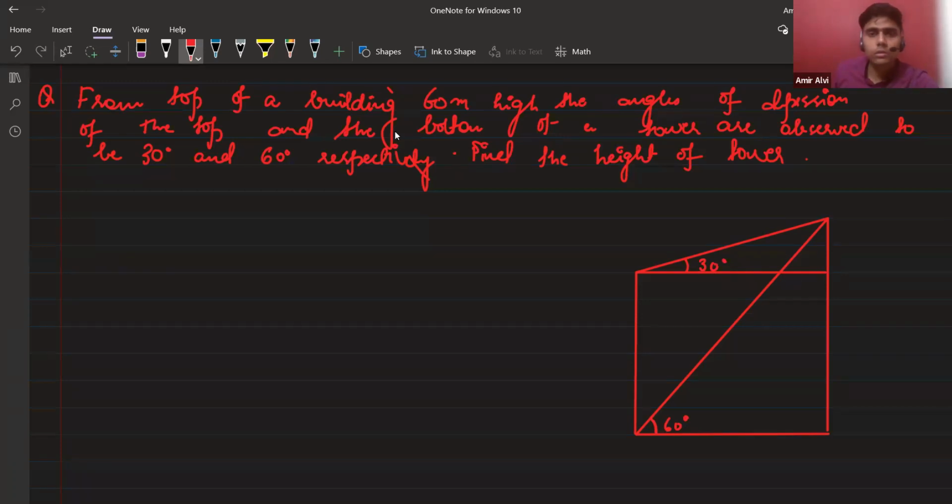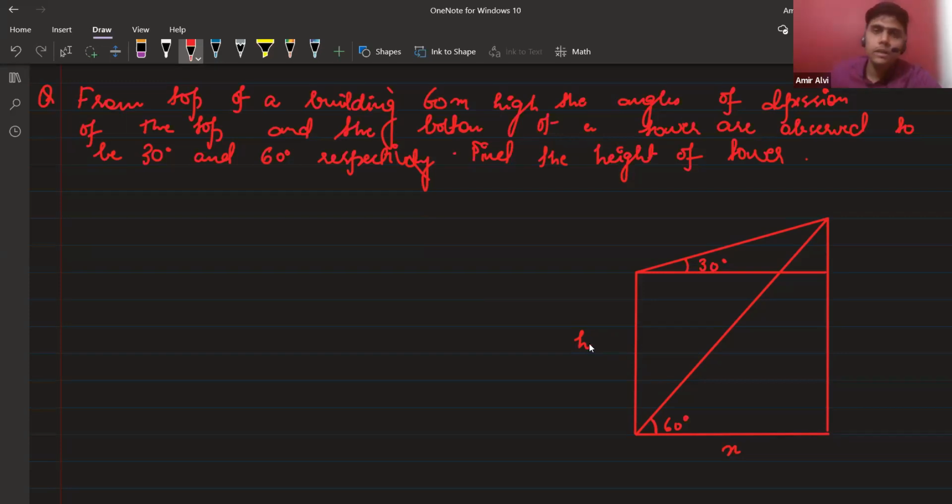Now this distance, nothing is given here, so I can take it as x. Any doubt? And what we need to find out is the height of the tower, so basically this will be h.